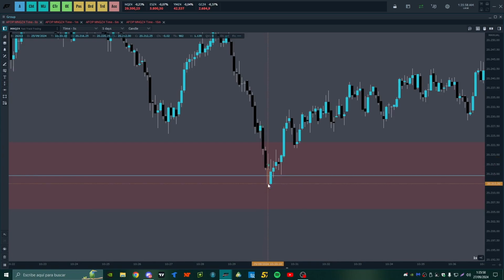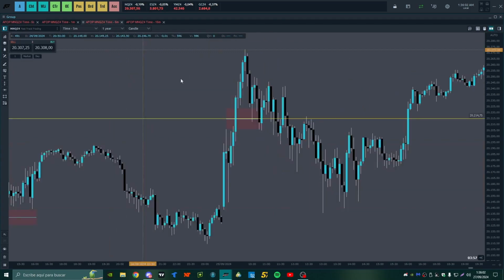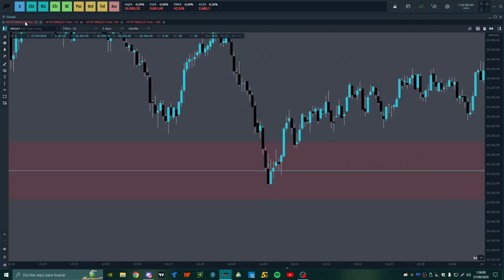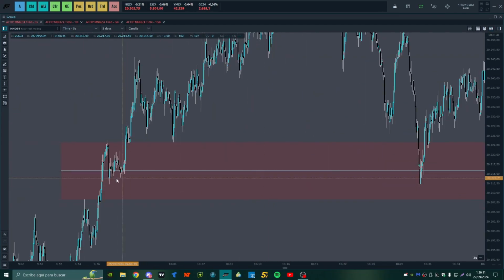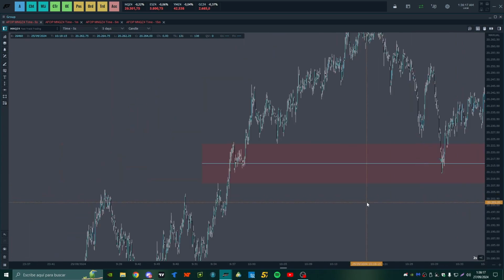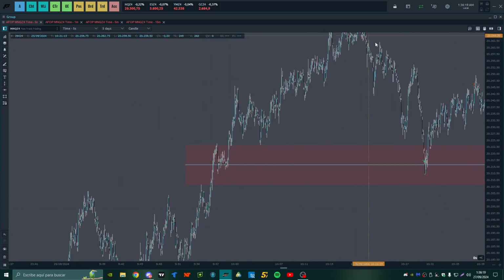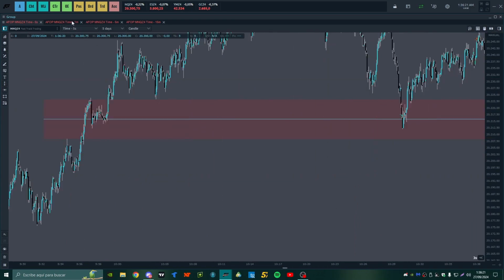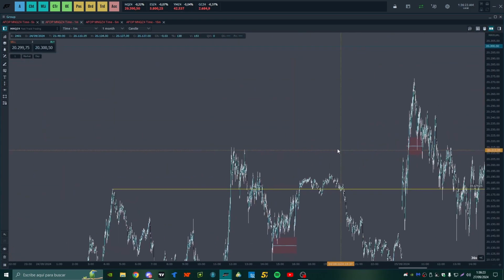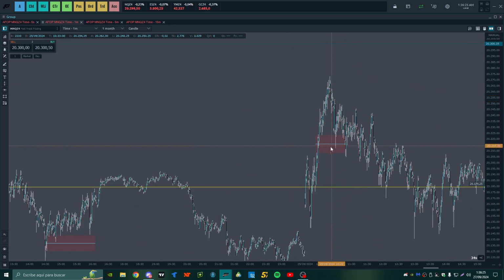Then it fell, touching 50% of both the 5-minute and 15-minute imbalances. And it touched this area too. In fact, it managed to break it by a tick. So it took out all those areas. And it had already returned to the higher time frame range.